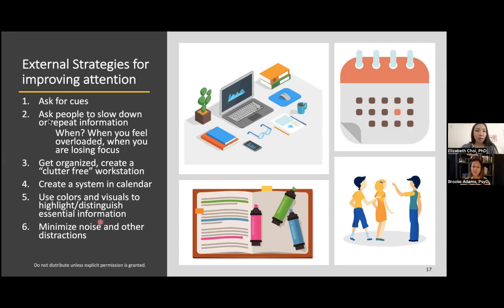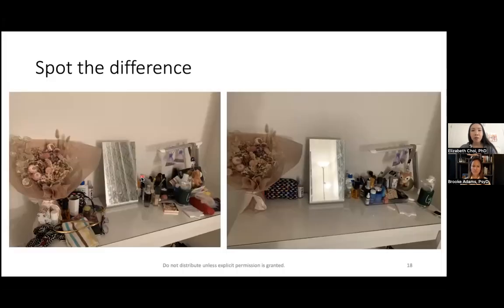We also want to develop a habit to get organized and create a clutter-free workstation at home or at the office. To practice what I preach, I took the time to reorganize my messy makeup desk. On the left was my messy desk. And then on the right, after reorganization, it looks less messy, and I made use of the compartments of a tray to organize different item categories.